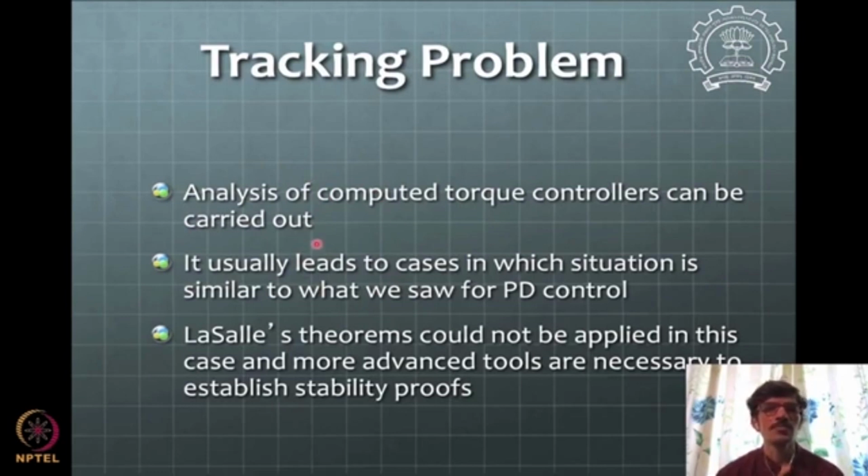You do this computed torque based control, try a PD control plus the feed forward computed torque term as the control, and start working out the Lyapunov analysis, and you will find that the Lyapunov theorem may not be applied in this case. There are some other stability proofs that will be needed, which are out of scope of this course.